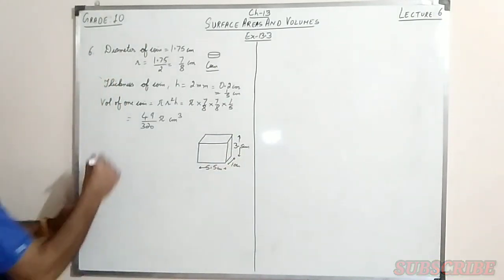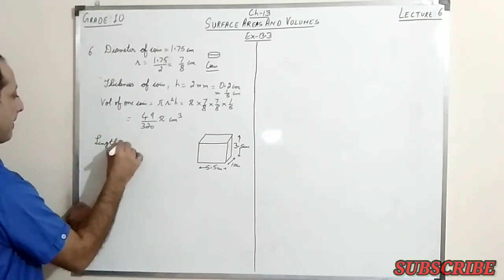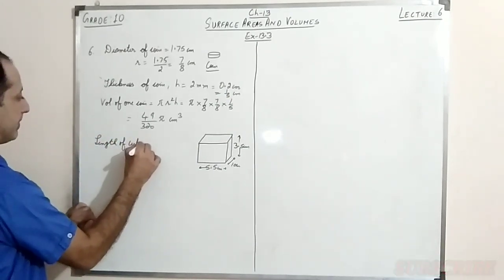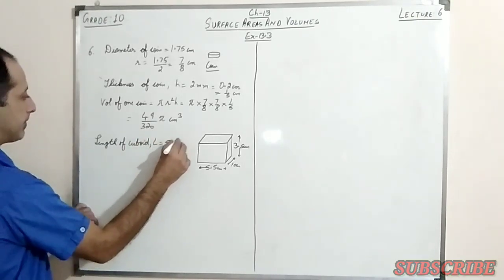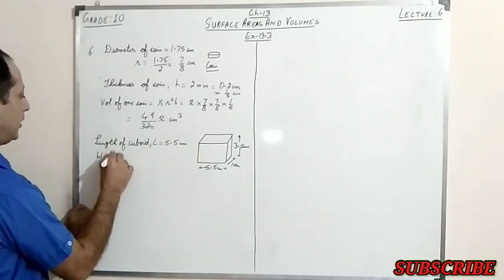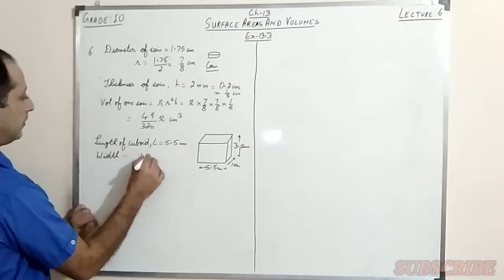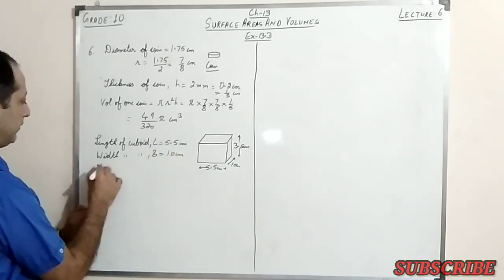Right? So length of the cuboid, then we have width of the cuboid. And then we have the height of the cuboid.